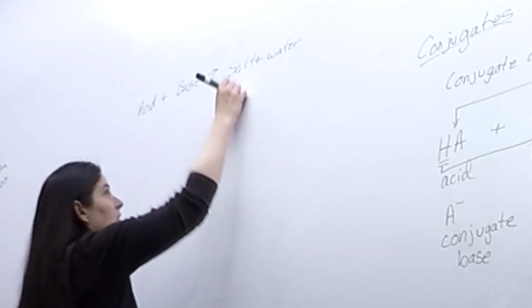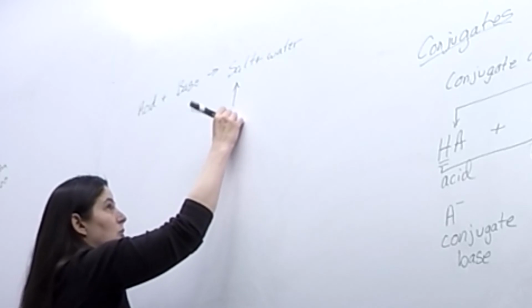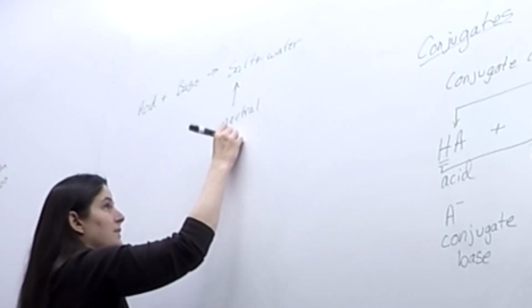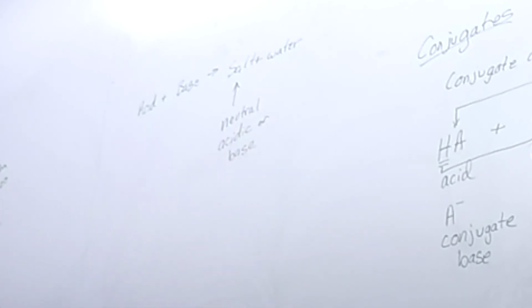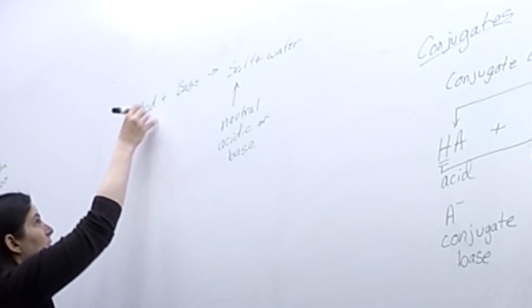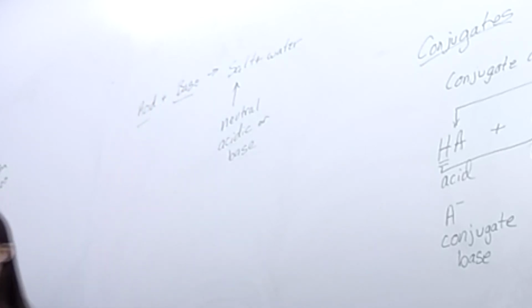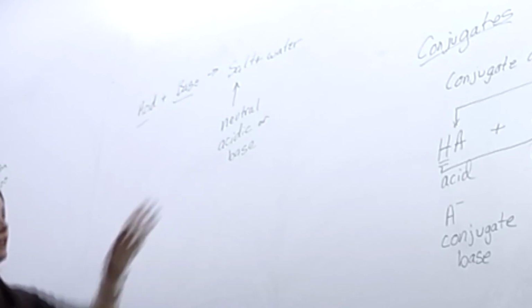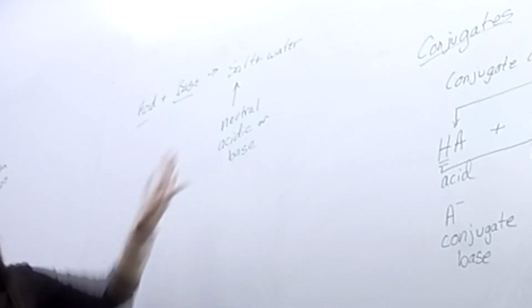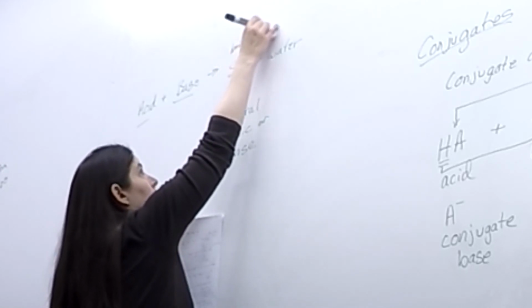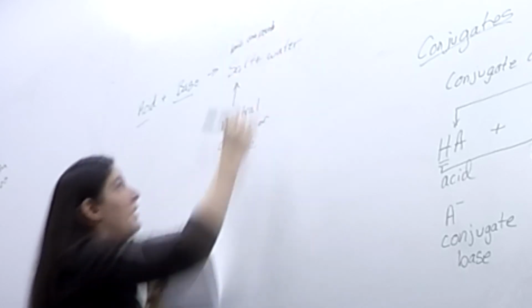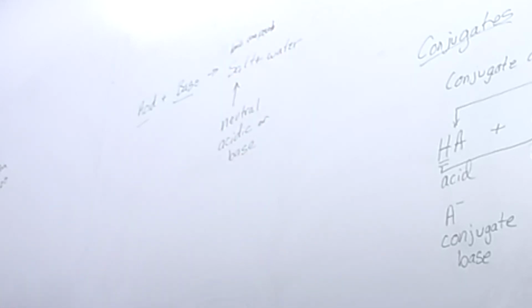The salt here can be neutral, acidic, or basic, depending on the strength of the acid and the base that was used. So the different salts that are created, the different ionic compounds, so salt is another word for an ionic compound. These salts, they're not all neutral. They're assumed to be neutral, but they are not.